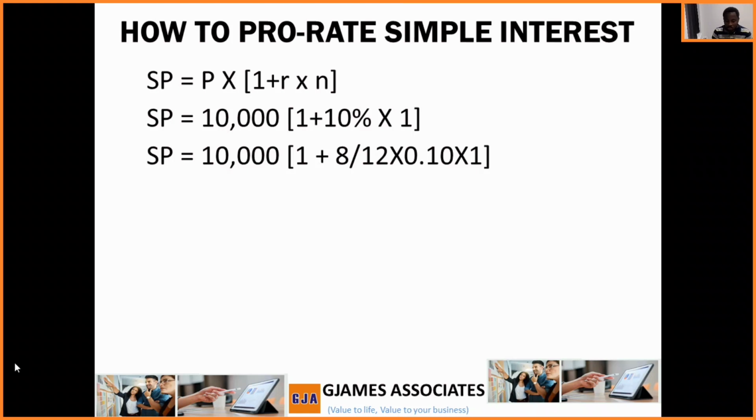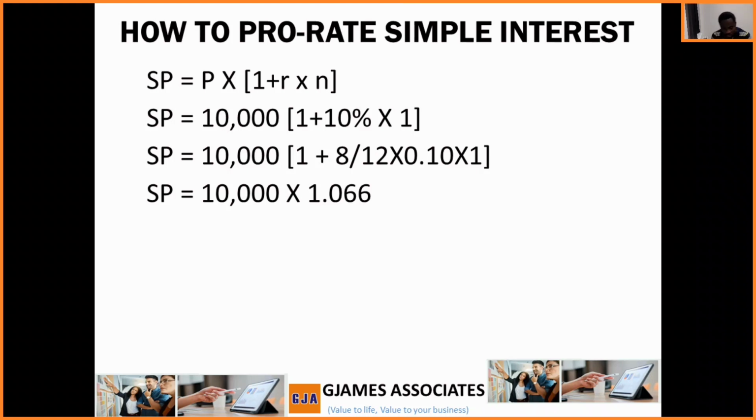So if we calculate all this very well, at the end of the day, we are going to have SP equals 10,000 multiplied by 1.06. Should we approximate it or not? Let's not approximate it so that it will give us 0.67.